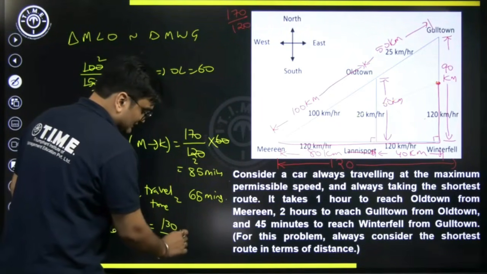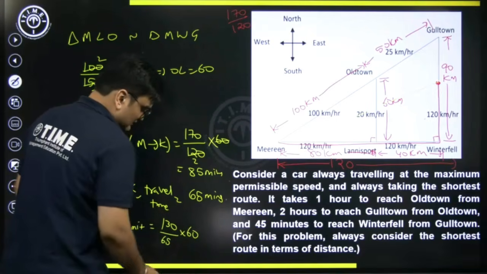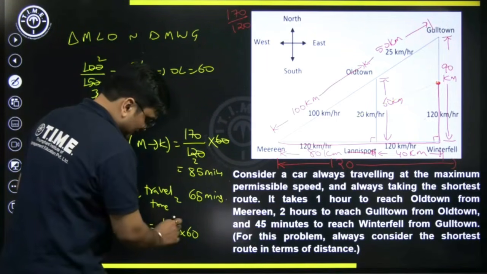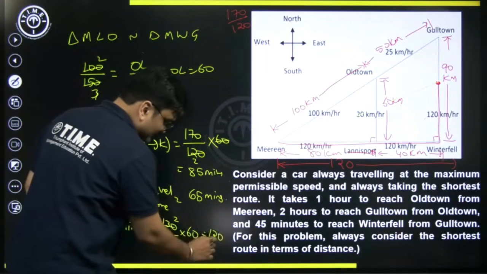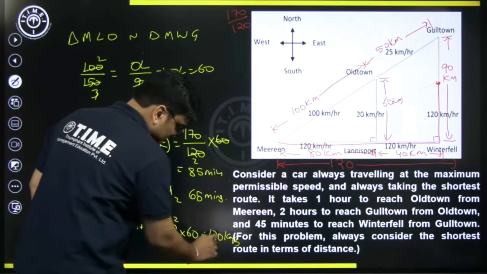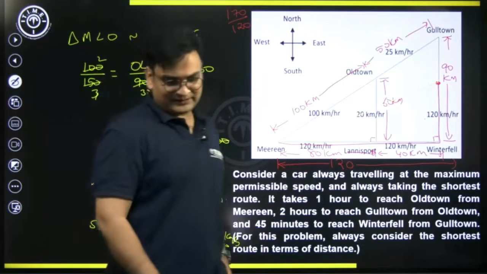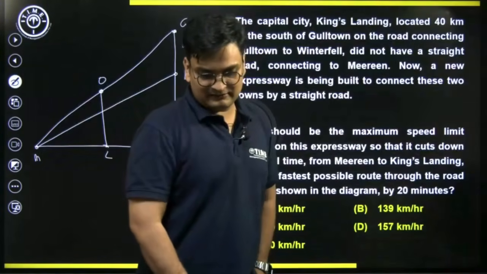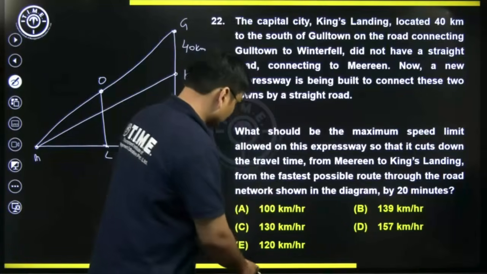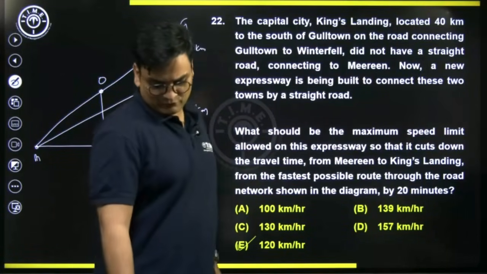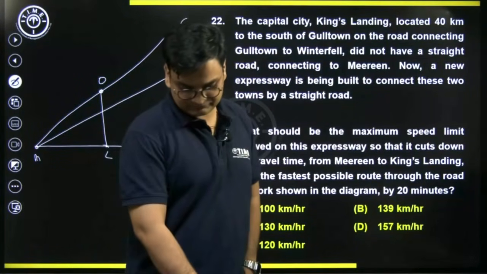I want it in hours, so 65 by 60. Now just simplify this. This will give you directly 120 kmph. So that's the speed limit that you can have for satisfying the given conditions. So the answer is going to be E, 120 kmph. All right.